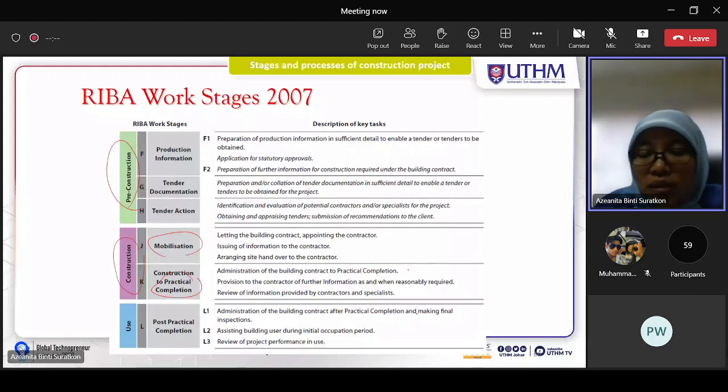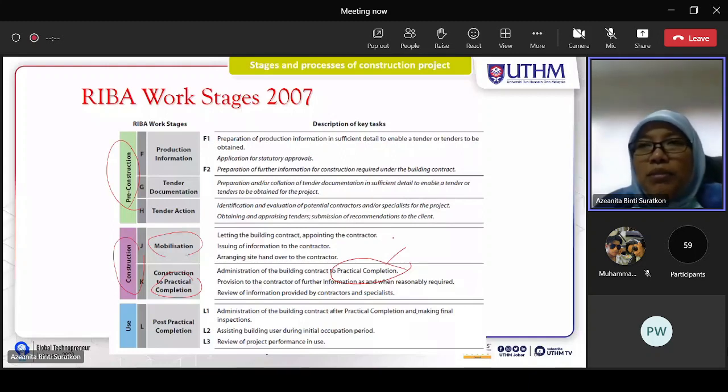Practical completion means the building function, the building can function as it is intended. For example, it is a shopping complex.